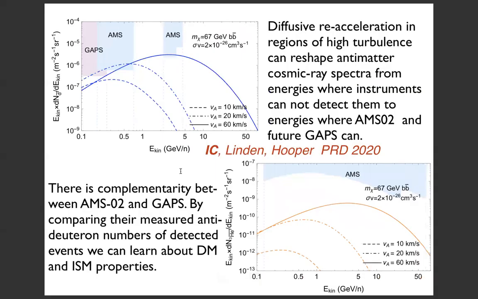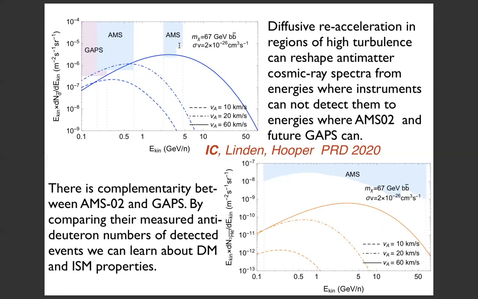Moreover, we have found that effects like diffusive reacceleration in regions of high turbulence can reshape the antimatter spectra in such a way as to move them from energies where AMS and GAPS wouldn't be able to detect them, into energies where you can have a measurement of such events from AMS and GAPS.